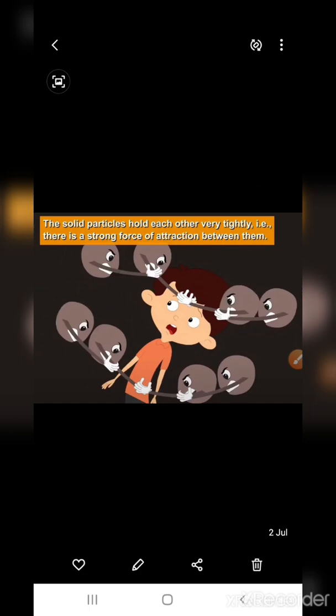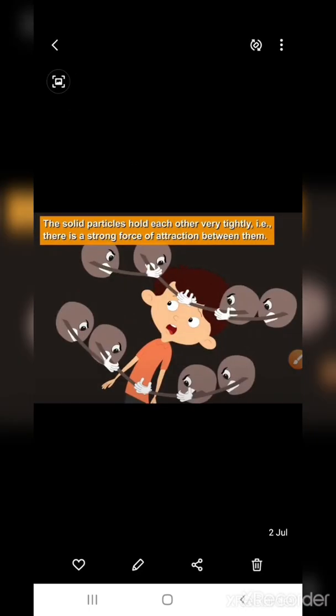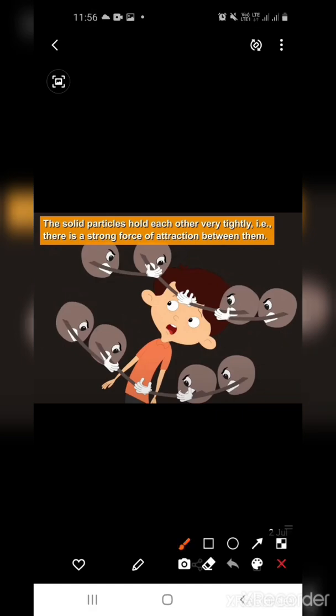The solid particles hold each other very tightly. You can see here they hold each other very tightly, and there is a strong force of attraction between them, right? Look at this.